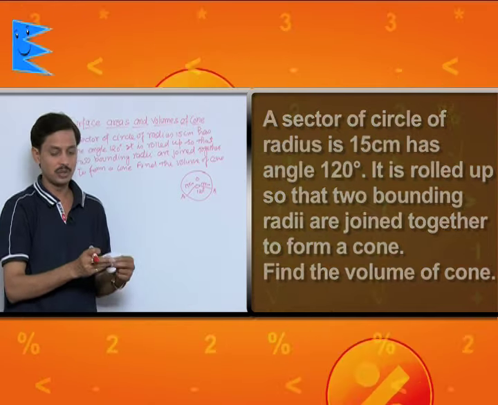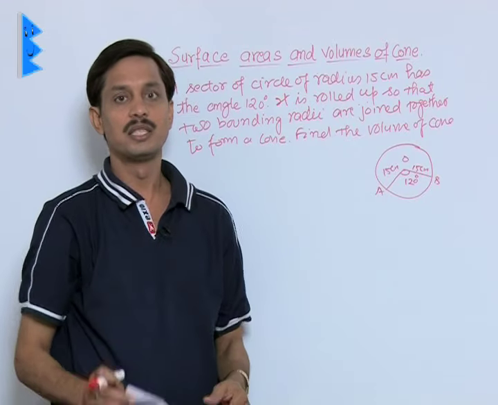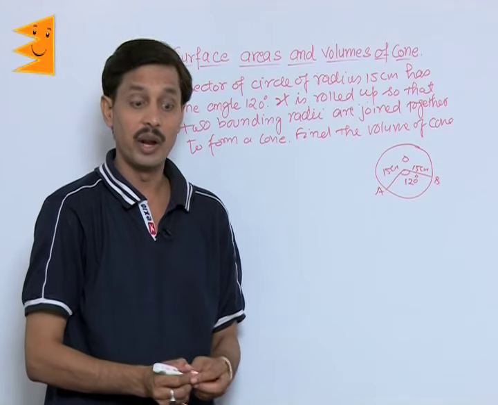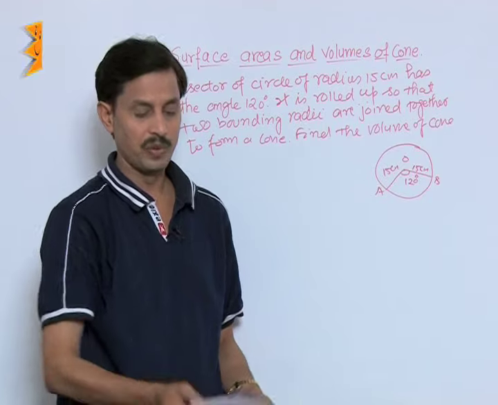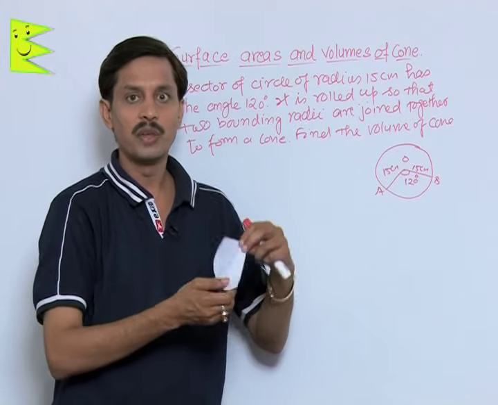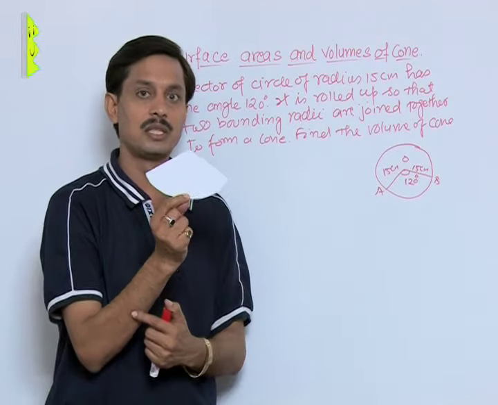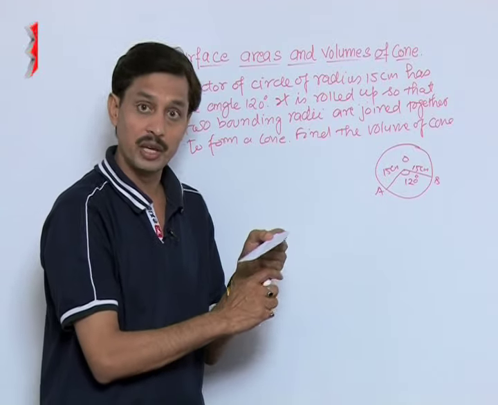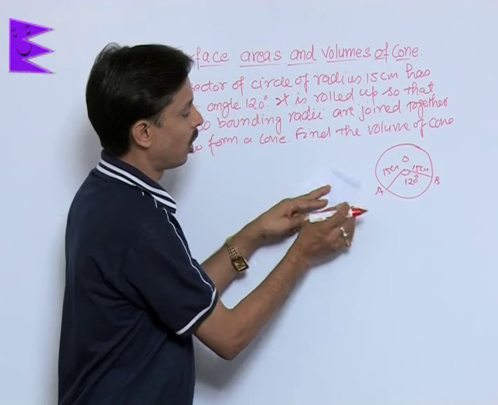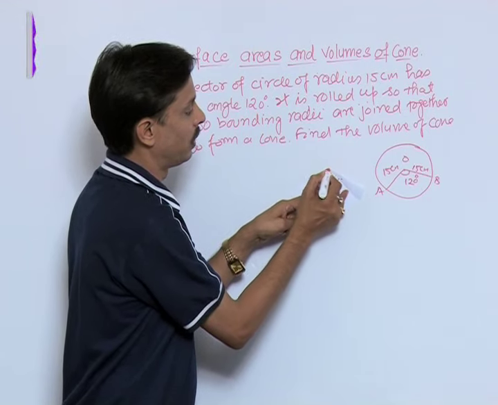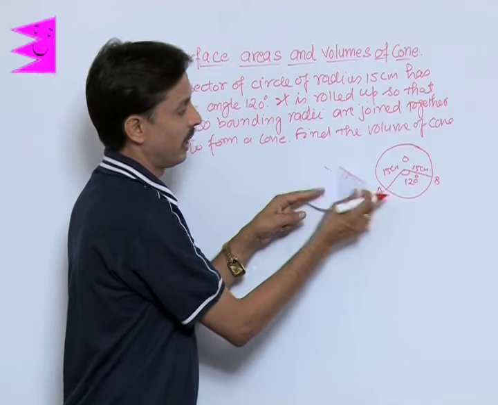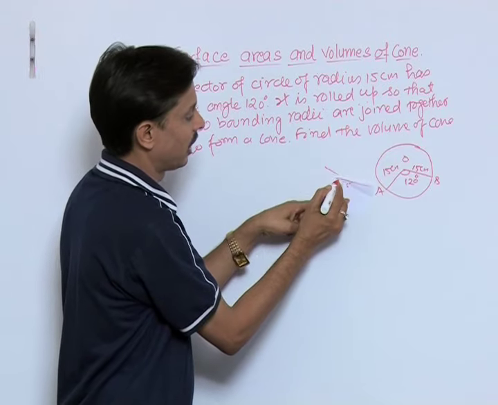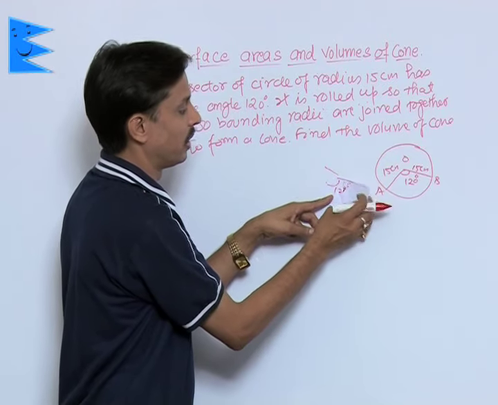Now a question comes: how can a sector be converted to a cone? In order to explain, I have this sector of that circle which I was taking. The radius of this sector is 15 like this, and the sector angle is 120 degree.